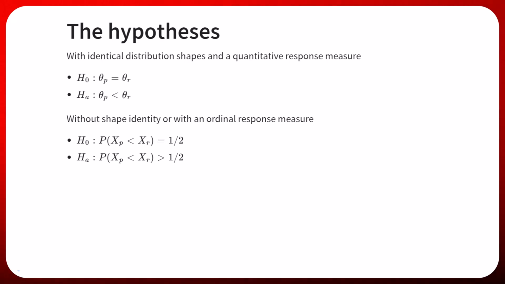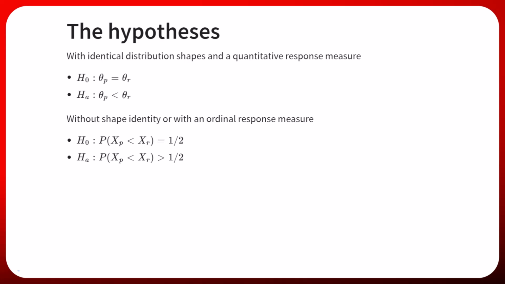Without shape identity, which is something new with the rank-based method, if we have an ordinal response measure, we could use these two competing hypotheses. The null hypothesis is that the probability of obtaining a score from the prosodic condition that is less than a score from the repeated reading condition is equal to 1/2.